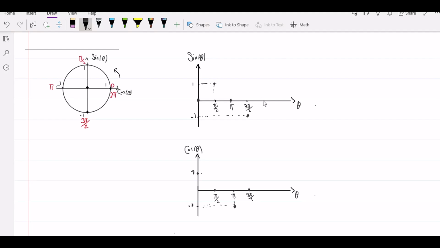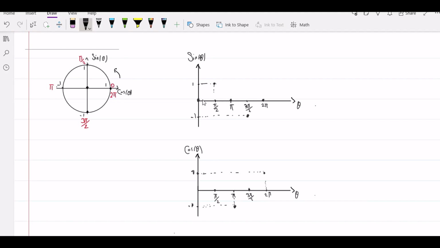And so we get to the last one, which is 2 times pi. As you can see here, we've completed the whole revolution when we get to 2 pi. So when theta is equal to 2 pi, we have the cosine equal to 1, and for this one, the sine would be equal to 0.